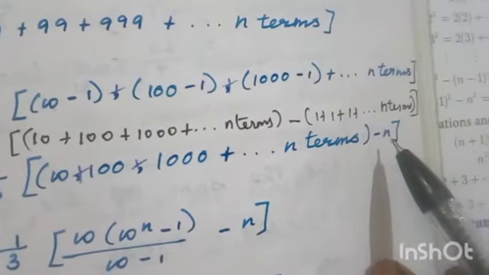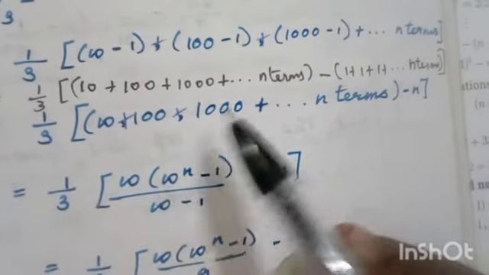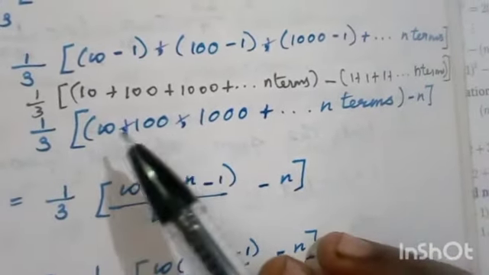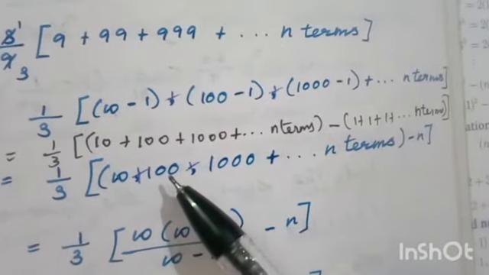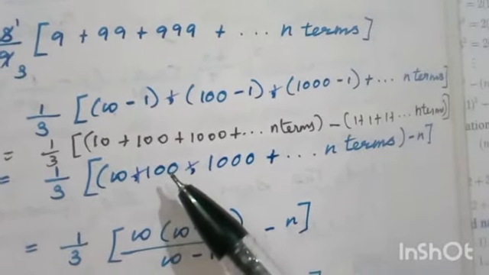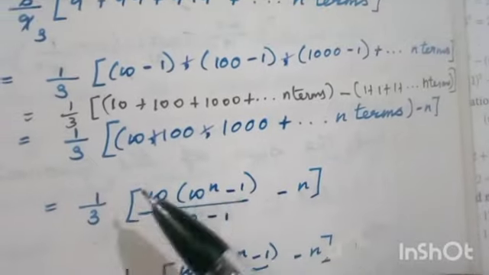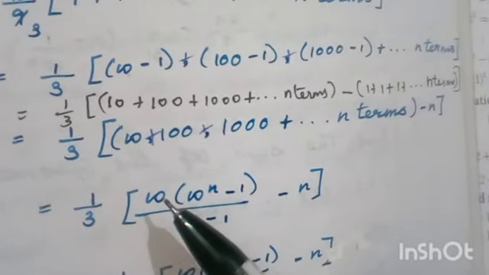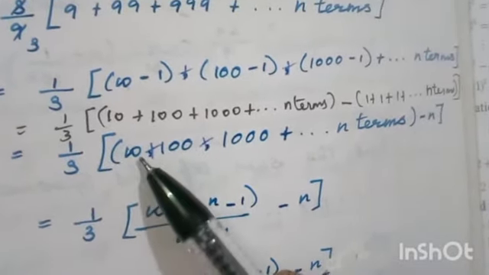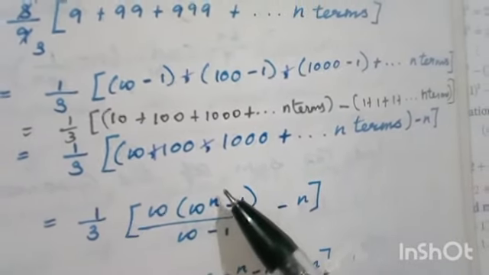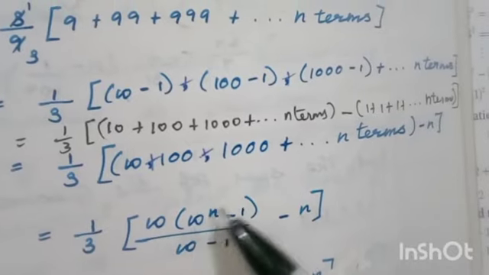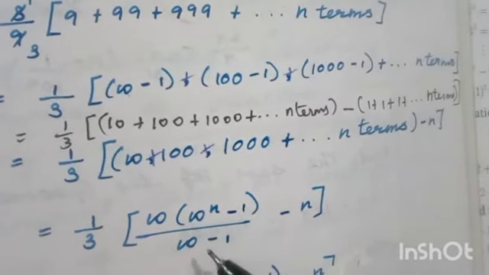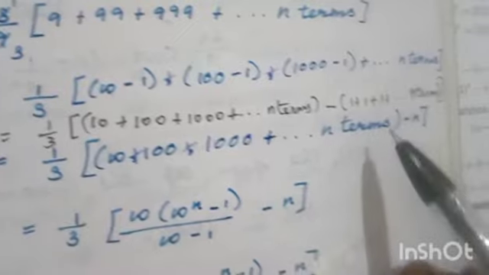So minus n. Now here 10 is the first term. What is the common ratio? Common ratio is r equal to t2 by t1, so that is 100 by 10, so it is 10, more than 1. So we have to use the formula a into (r power n minus 1) by (r minus 1), minus this n.